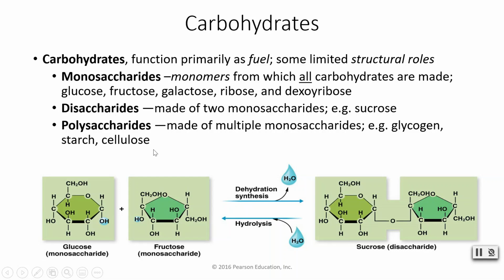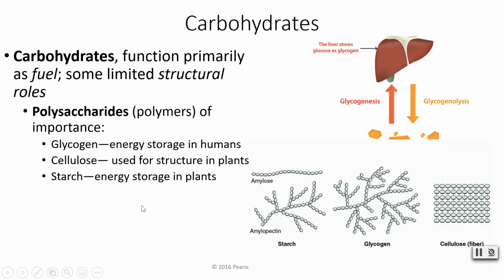So let's talk about what those do. Glycogen is the most useful to us because this is one of the ways that we store energy in our body. So your liver, bless your liver, does all kinds of stuff. One of the things that your liver does is it takes excess glucose from your diet and turns it into glycogen, which is just an energy storage molecule.